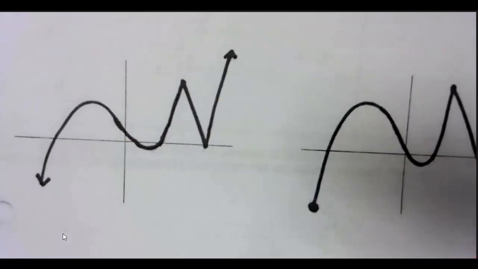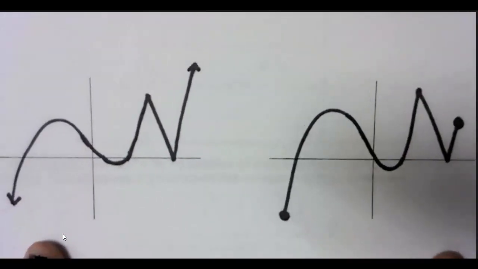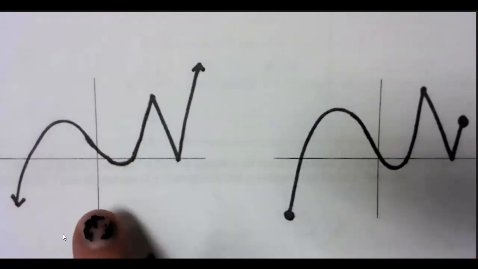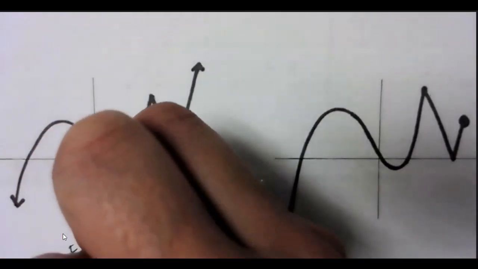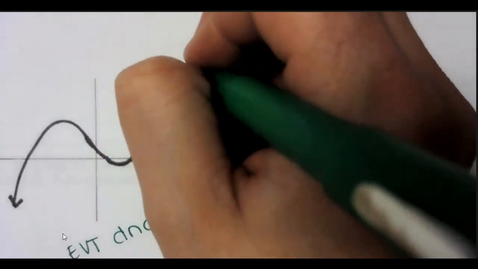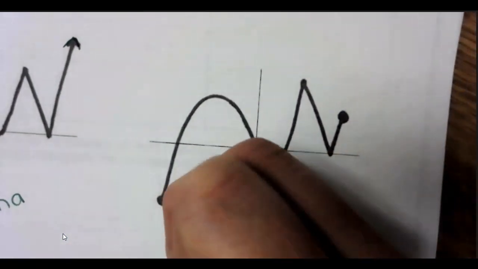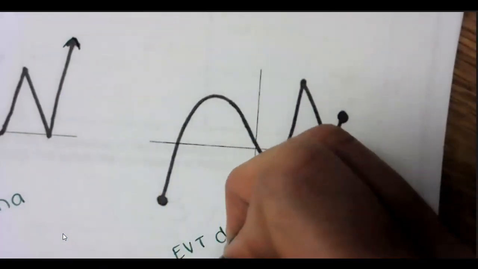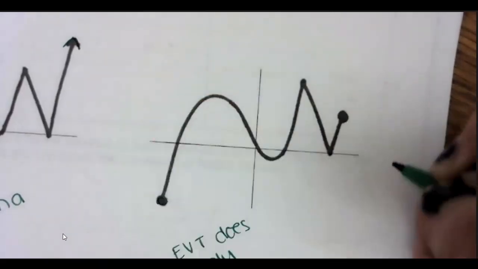So the difference between the example on the left and the example on the right are the endpoints. Over in this example, EVT does not apply because it has an open arrow. Over here, EVT does apply because of the endpoints.